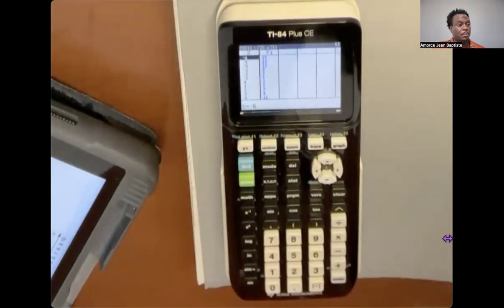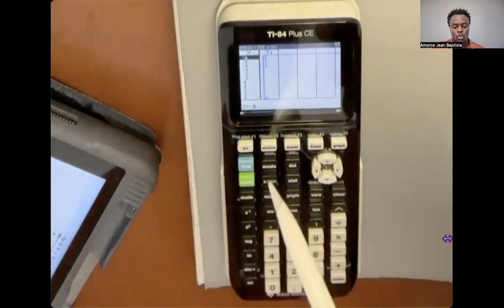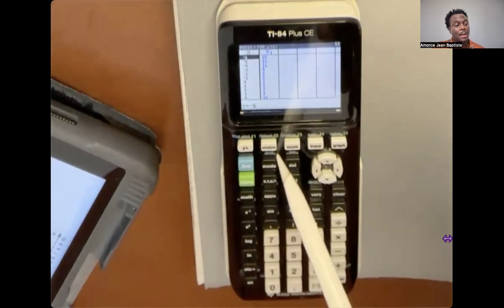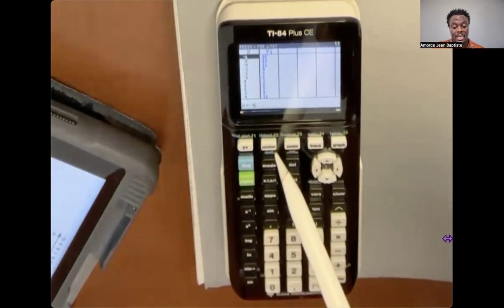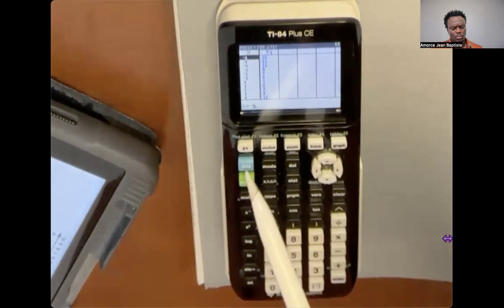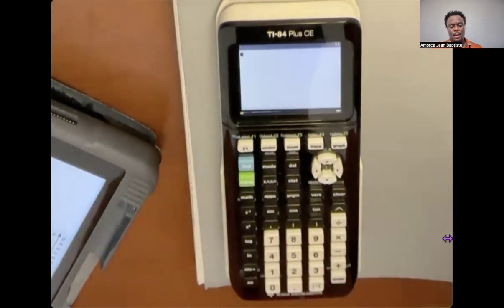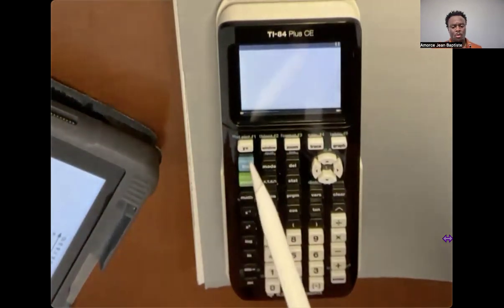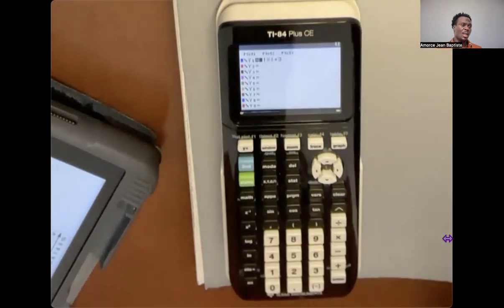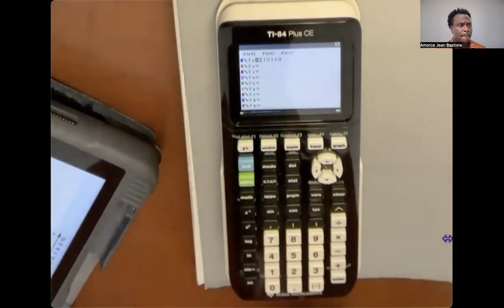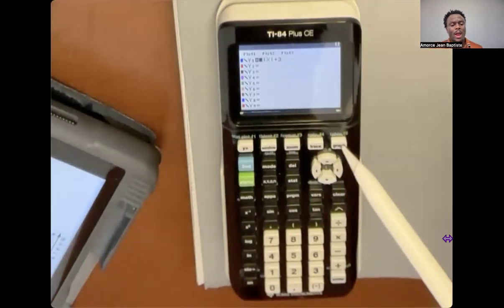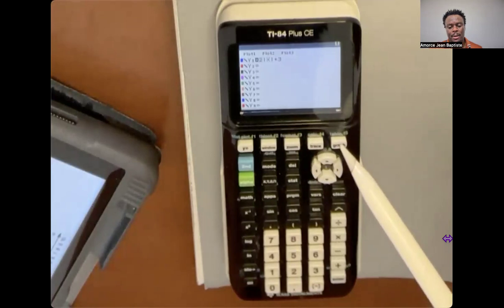To quit this page, you have to use this button, but the quit option is in blue. So any option in blue should be followed by the push of the blue second button. So blue, and then I quit this. But if I go back to y equals, I can see my function is still in there. And now I can just graph it by pushing the graph button.